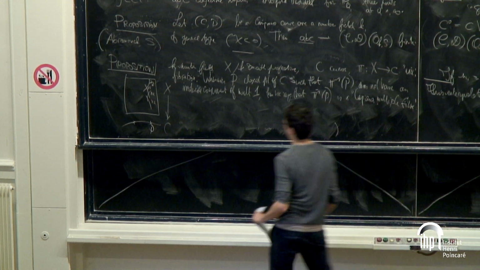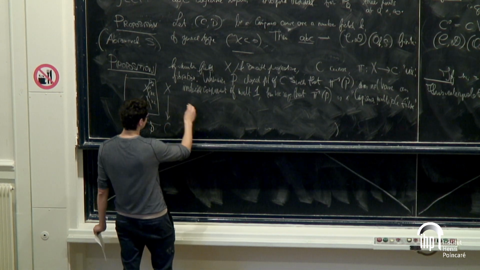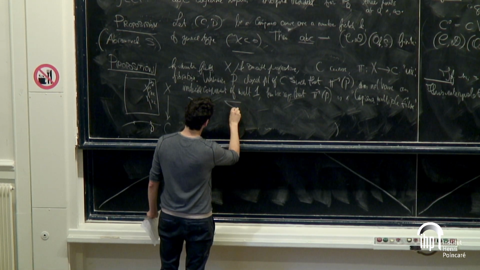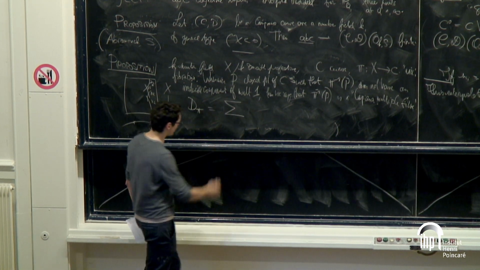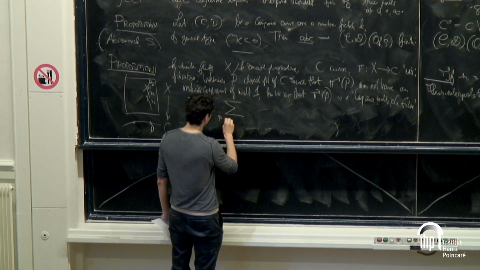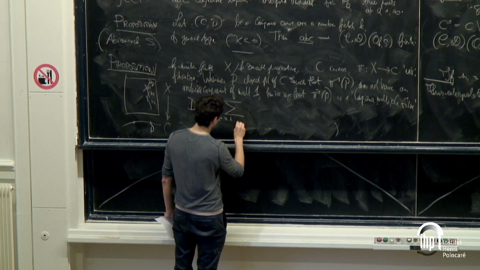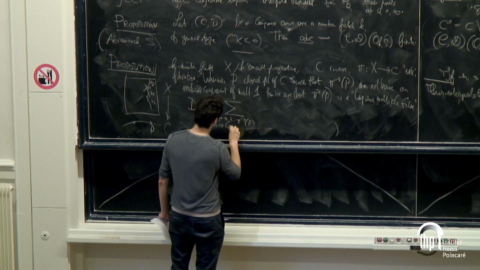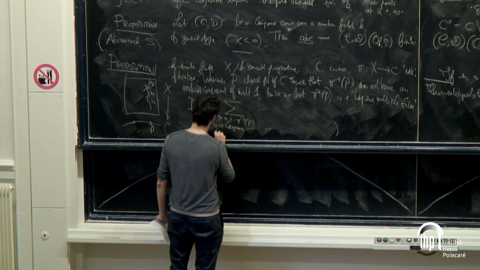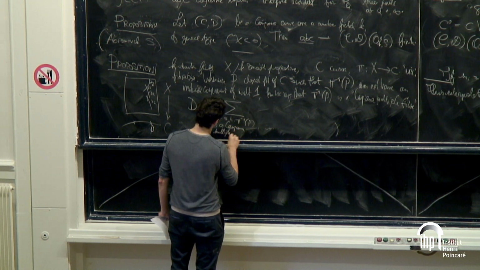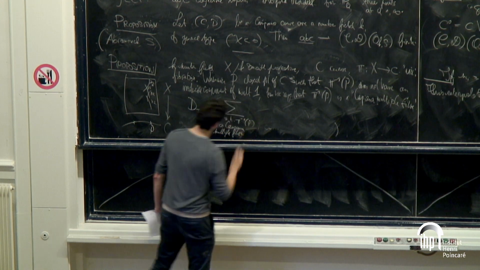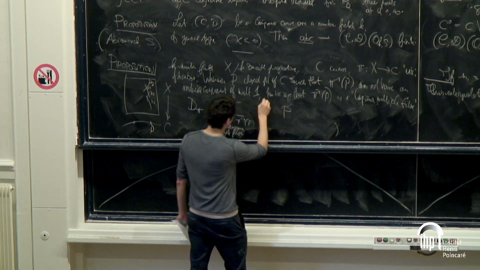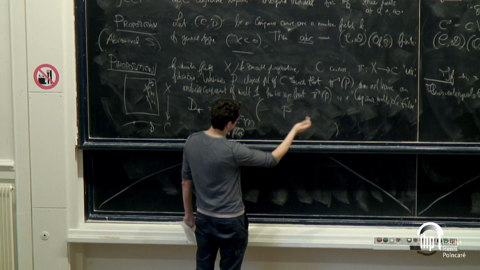So then, what is our divisor d pi? I take the sum over all points P of the base such that the fiber is a Campana multiple fiber, and I assign weights to these points.